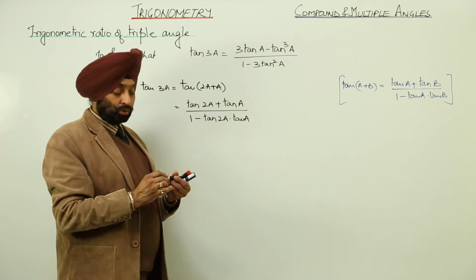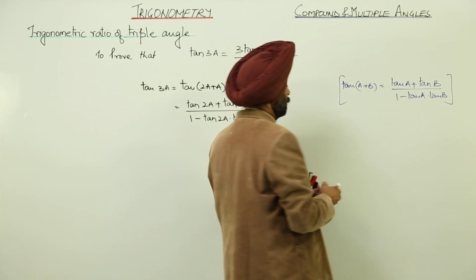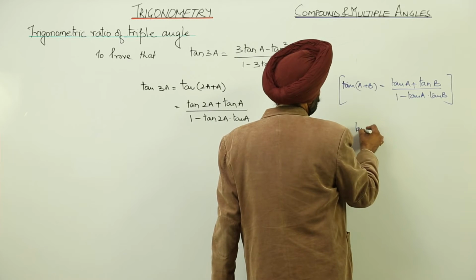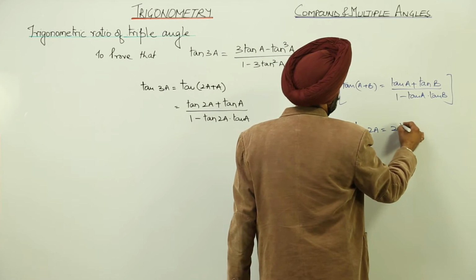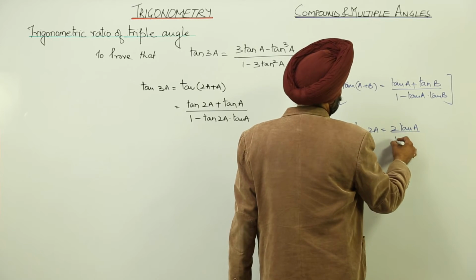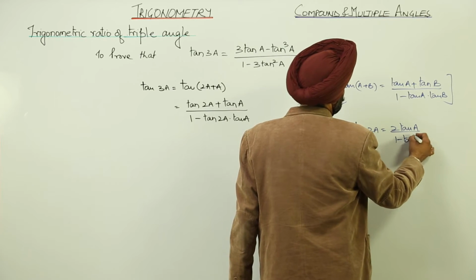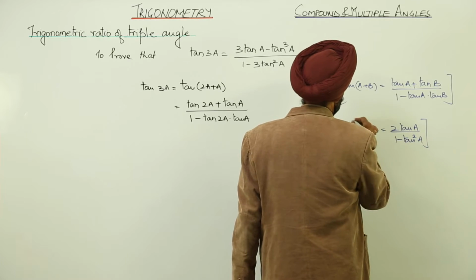Now here let's use the formula for tan 2A. Tan 2A is equal to 2 tan A upon (1 minus tan square A).